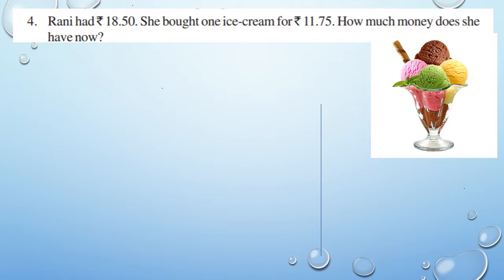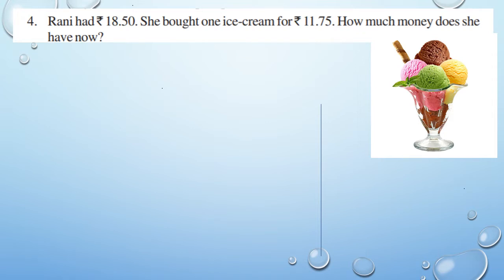So Rani had 18 rupees 50 paise with her, with which she bought an ice cream worth 11 rupees 75 paise. How much money does she have now? From the total money she has, if we take away the cost of the ice cream she bought, we will get the amount left over with her.